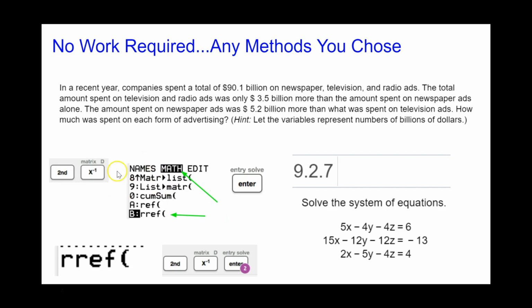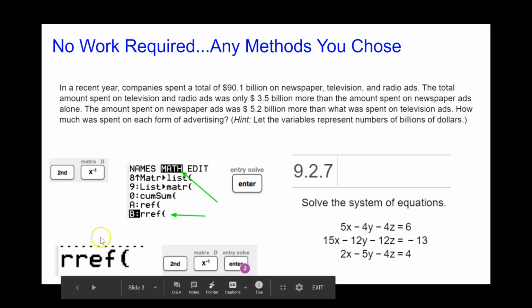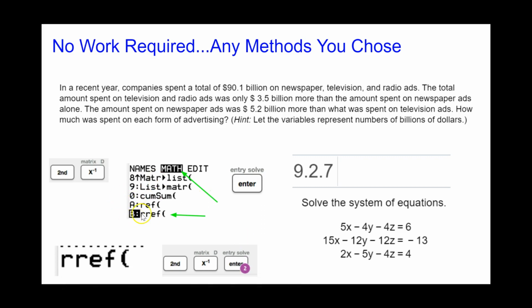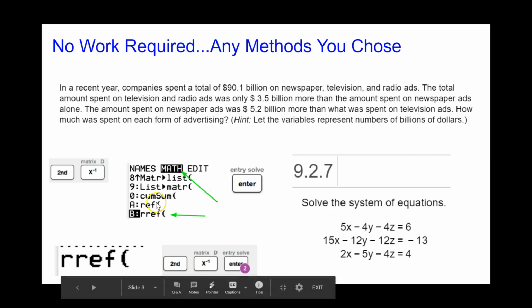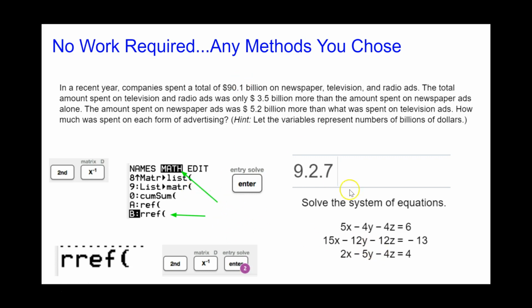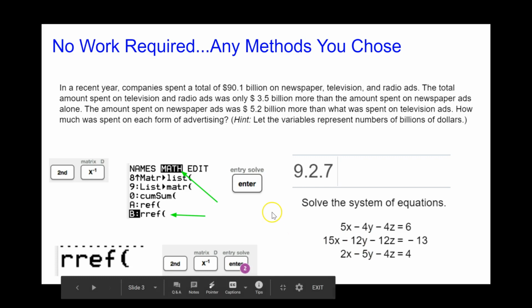So you are more than welcome to use the calculator technique to produce your answer. And this is one of the slides I pulled from 9.3, I think, to get to the answer to solve these two problems. So if you set these problems up right and type them right in your calculator, I do not need to see the work for these problems. You can just go ahead and put it in your calculator and provide me with the answer.